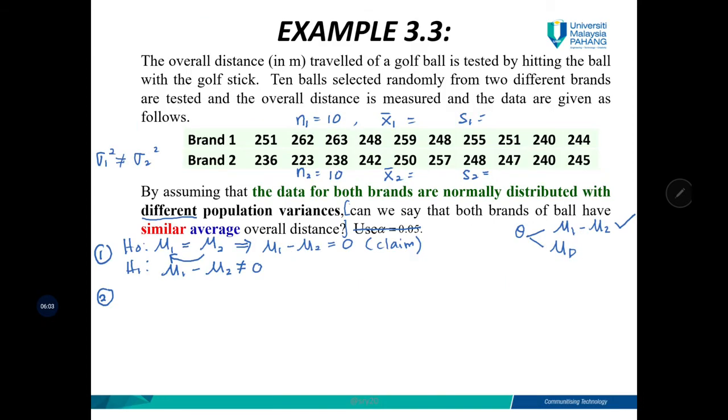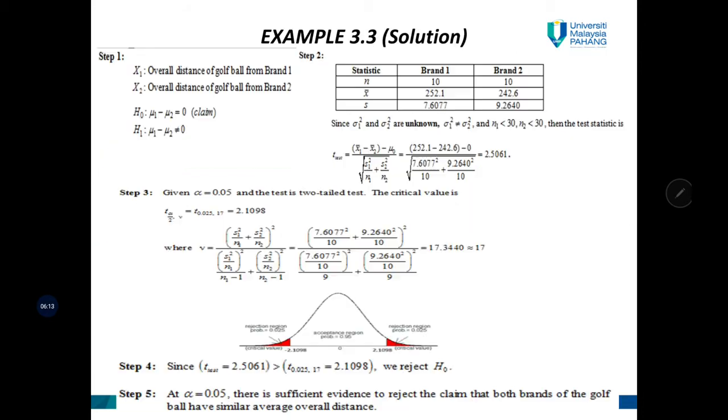So calculate the t-test by using formula number 5. This is already given in your solution. Just calculate the formula and simplify the answer to 4 decimal places. Okay, so now complete step 2.